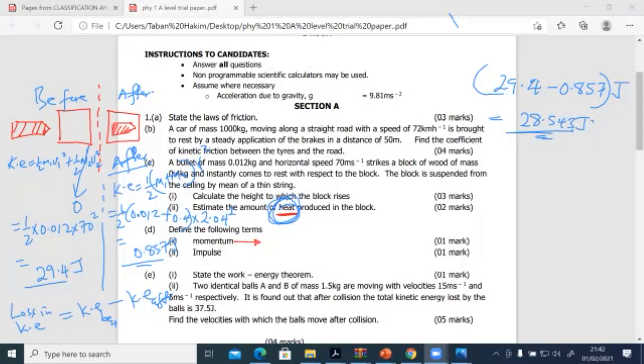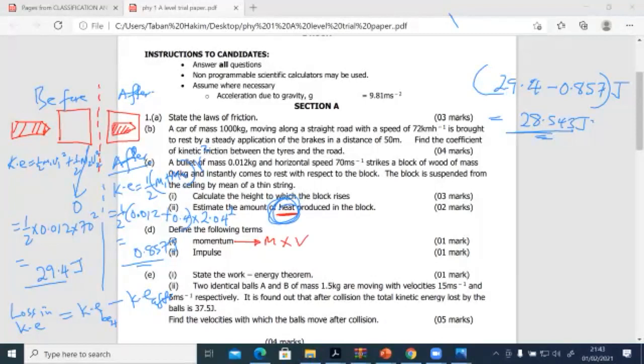Okay, Andre, what did you write? The product of mass and velocity. Correct, simply that. It is mass times velocity, the product of mass and velocity of a body.